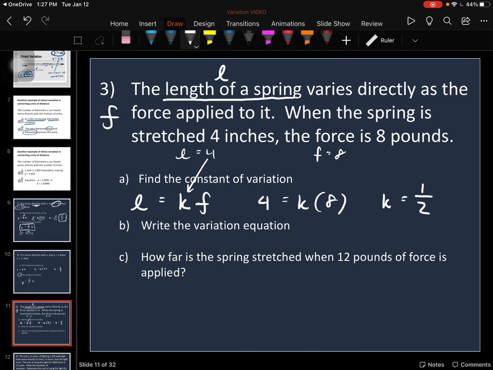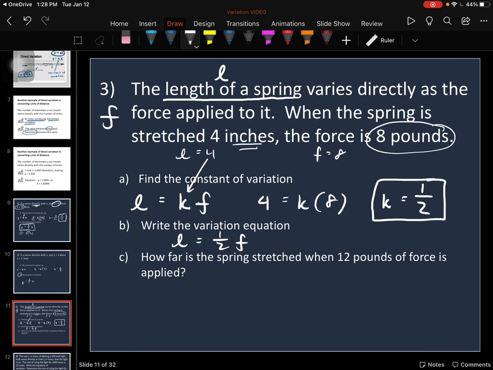So when I ask you to write the equation, this is your constant of variation. When I ask you to write the equation, it's going to be L is equal to 1/2 F. So the length of the spring is always half of the force applied to it. And that makes sense because when you applied 8 pounds of force, it stretched to 4 inches.